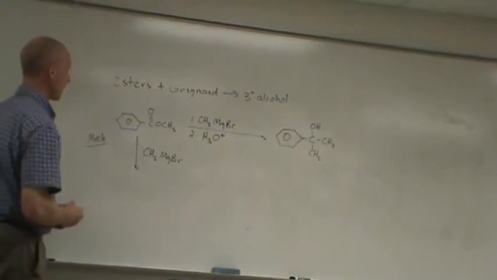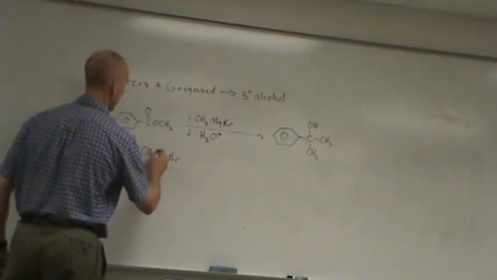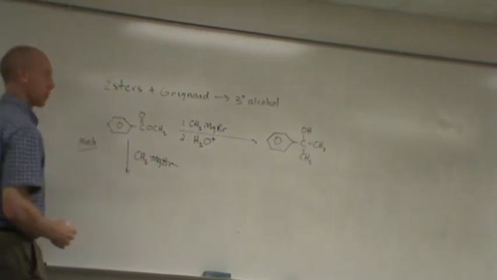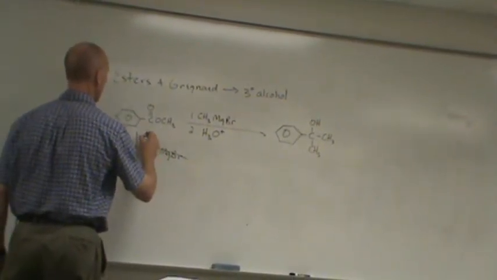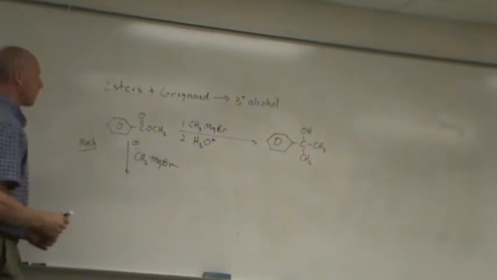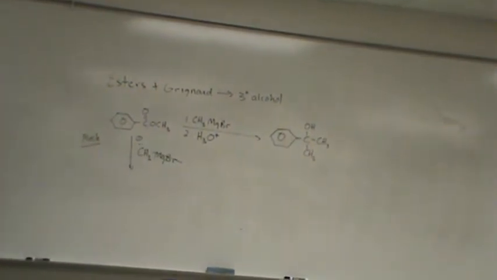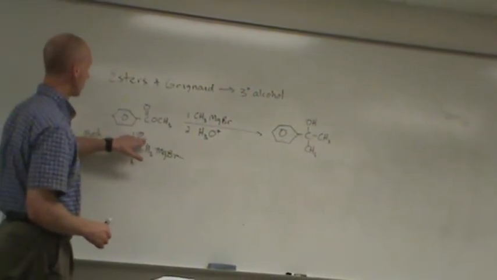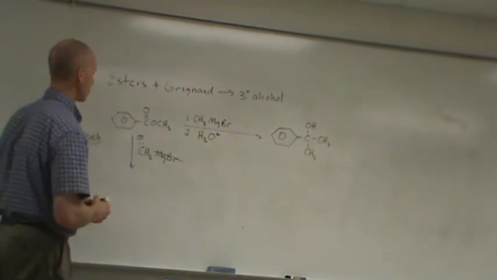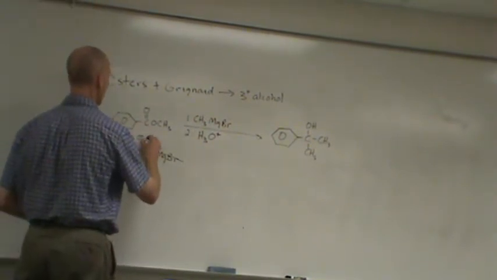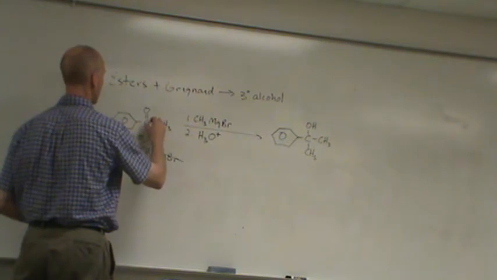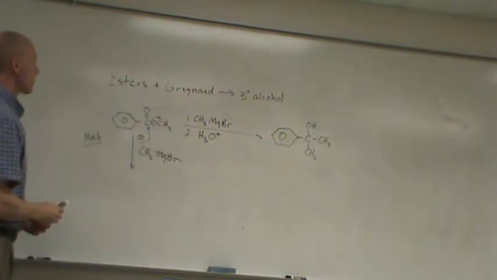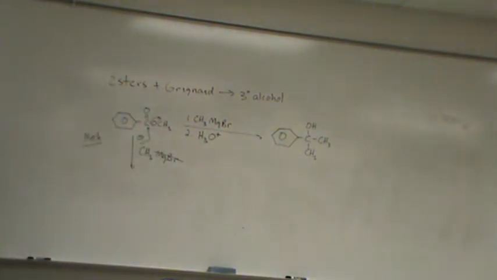Remember, when you see a Grignard, we can basically cross off the MgBr and put a lone pair on the carbon that it's attached to. Where will this carbon attack? The carbonyl, as usual. So this attacks, and the OCH3 gets kicked off as a leaving group.